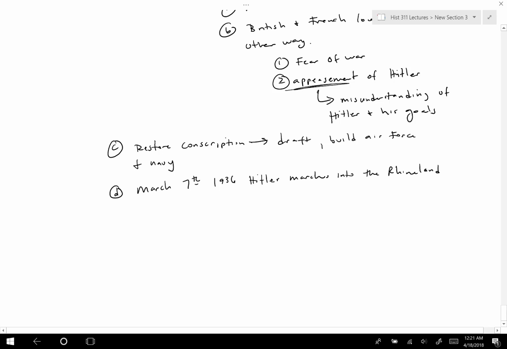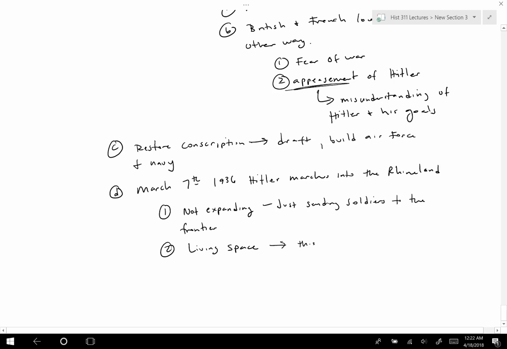This area violated the Versailles Treaty, of course, which he pretty much said was done anyway. What Hitler claimed with this, and how they justified not going to war over this, is Hitler said, we're not expanding, right? We're just sending soldiers to the frontier. And then later he calls it living space.